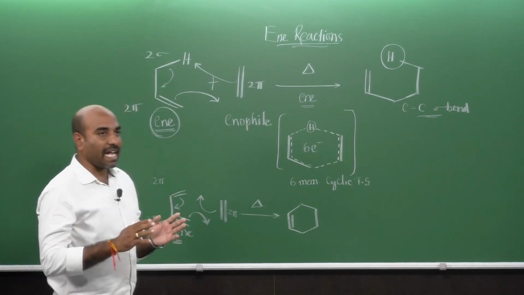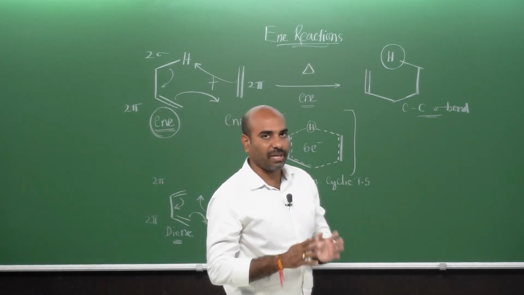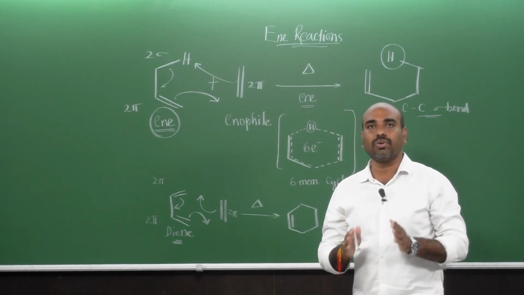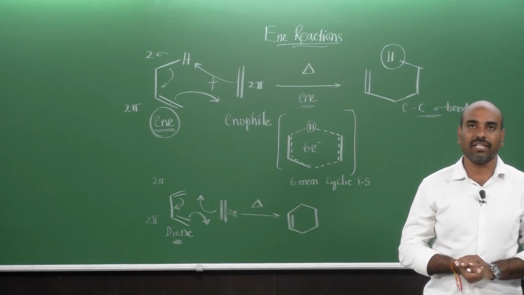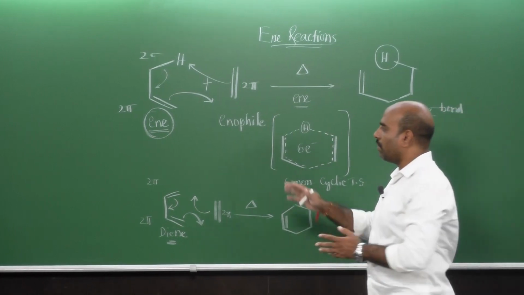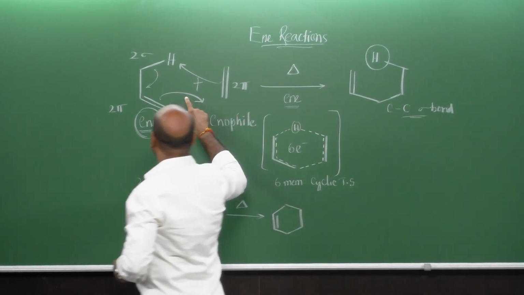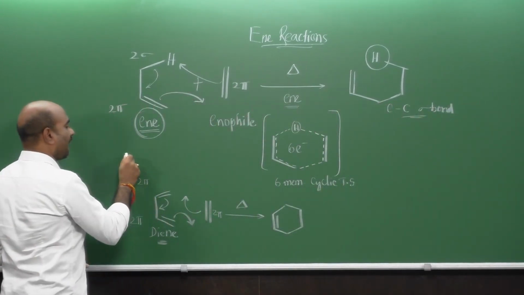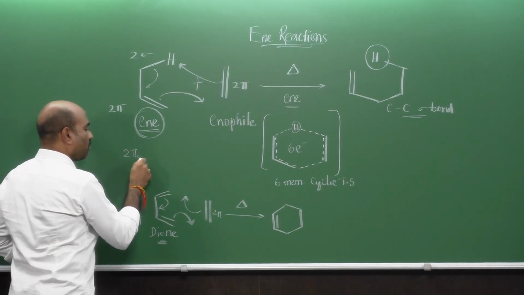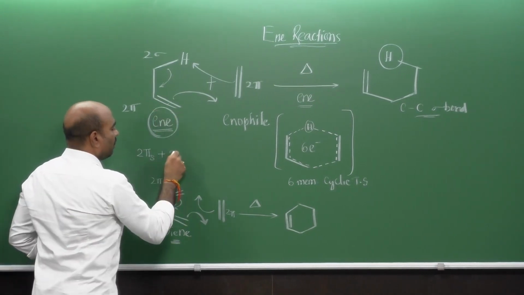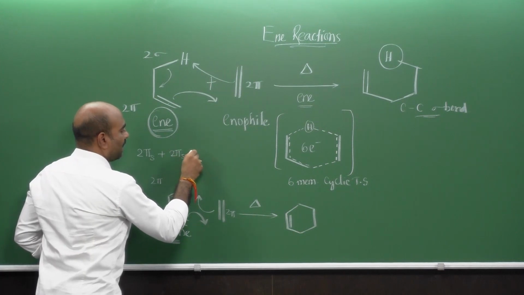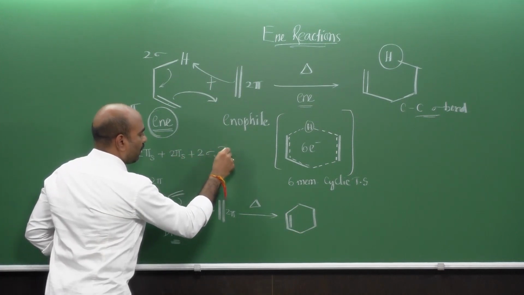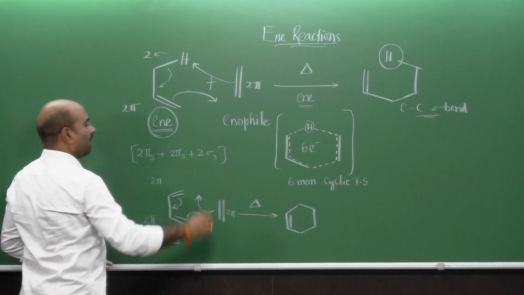Therefore, though in principle the ene reaction should not be treated as a cycloaddition reaction, mechanistically it can be classified as a 2 pi supra plus 2 pi supra plus 2 sigma supra cycloaddition reaction.